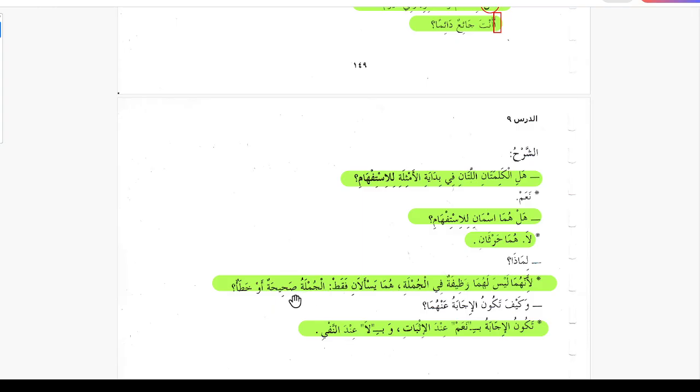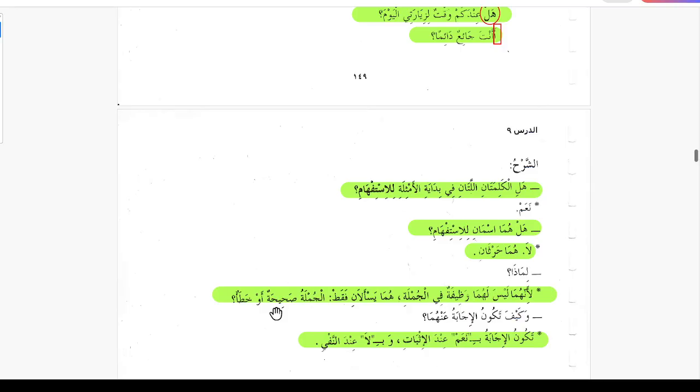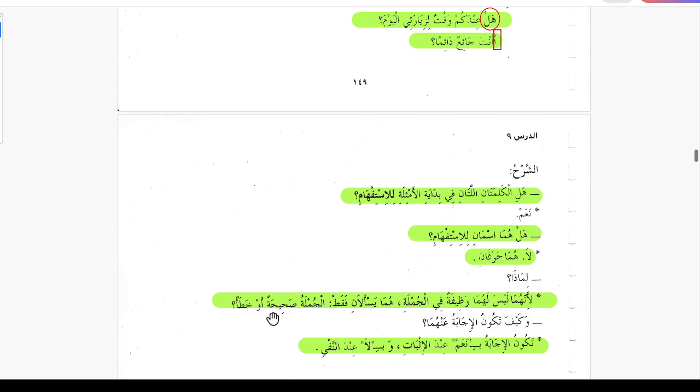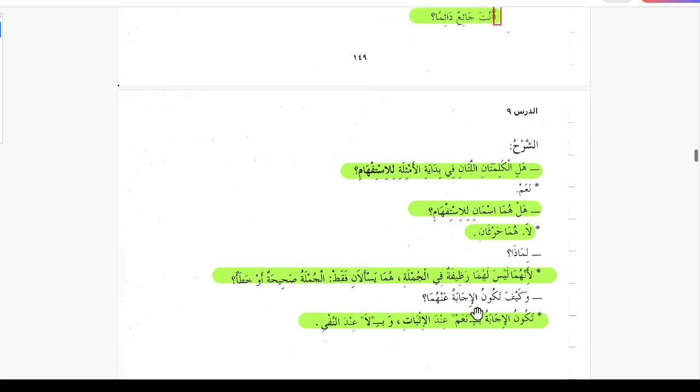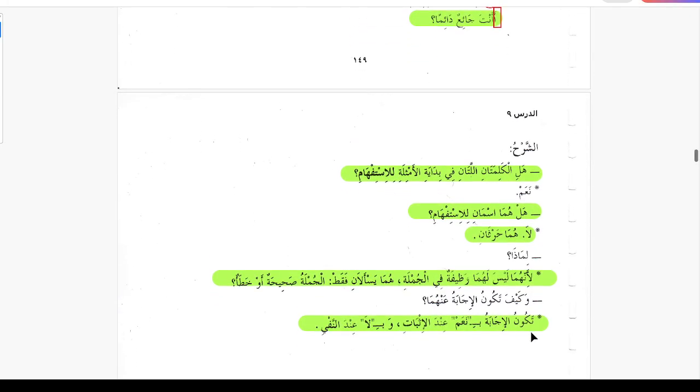And al jumlatu sahihatun aw khatun, the question could be correct or it could be wrong. So how is the answer going to be for these two questions? The answer is going to be either naam, yes, in the isbati, the affirmation, or bila, in the nafi, the negation.